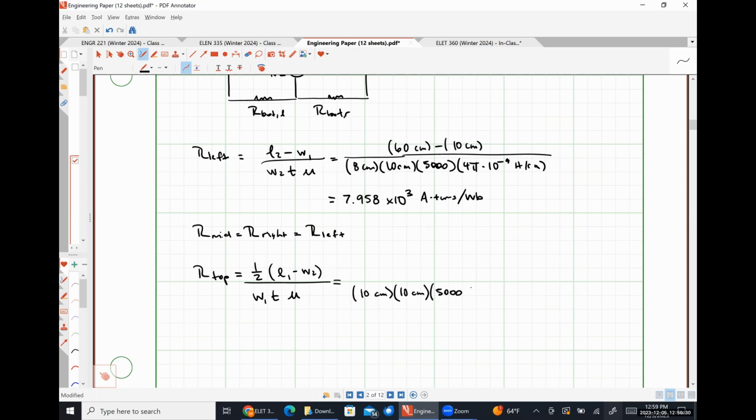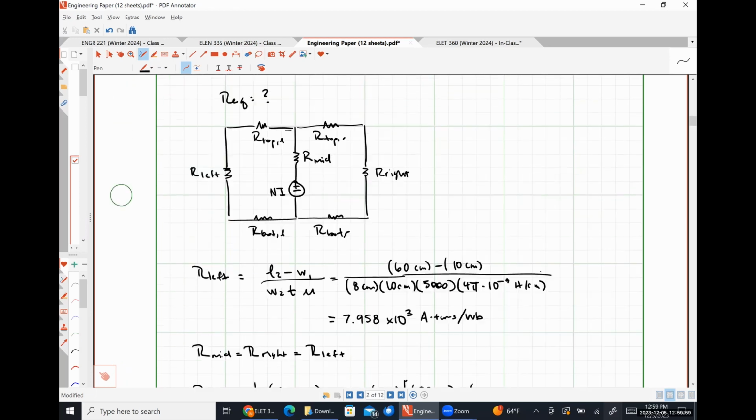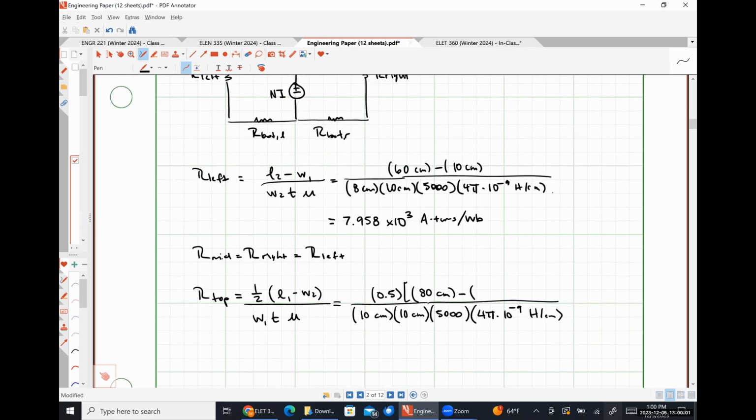Mu 5,000 times 4 pi times 10 to the minus 9 henries per centimeter. Then up here we have a factor of 1/2, so I'm just going to put that at 0.5. And then we have L1, which was 80. And then W2, which was 0.8, if I'm not mistaken. Or excuse me, 8.